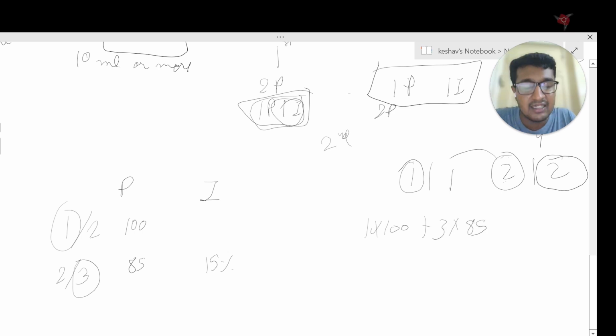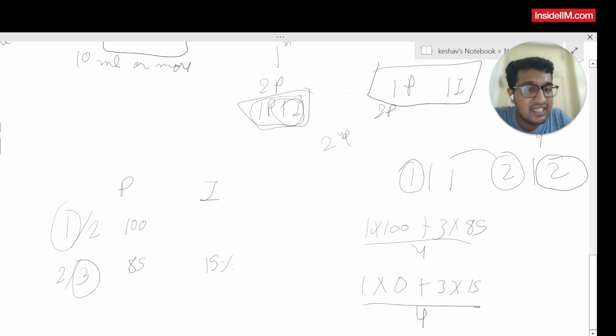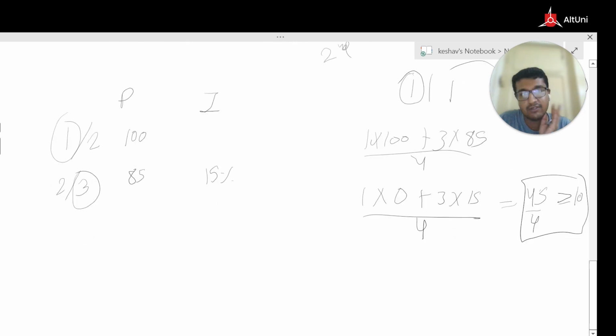It's easier to calculate the impure percentage. So 1 times 0 plus 3 times 15, divided by 4 overall, because there are 4 units in total. So what does that give me? 45 by 4, which is definitely more than 10%, right? So my test will show negative in this case if there's just one bottle of pure.